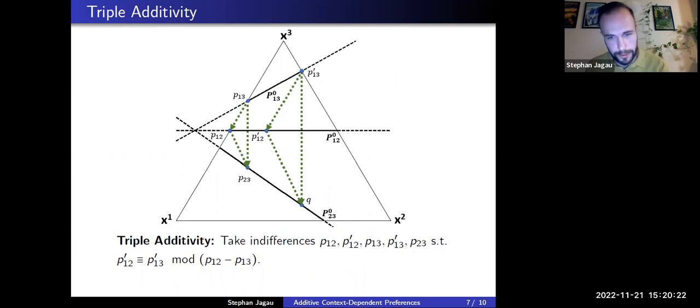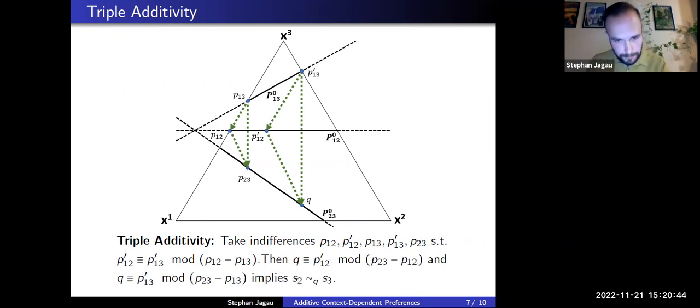How does that work? Well, we take 5 indifferences, P12, P13, P23, and then P12 prime and P13 prime. And we already know that P12 prime and P13 prime and P12 and P13 are related by the same kind of transfer vector. And now we observe this additional point Q. That's where Q and P12 prime and Q and P13 prime are related by the P23 and P12 and P23 and P13 transfer vectors.